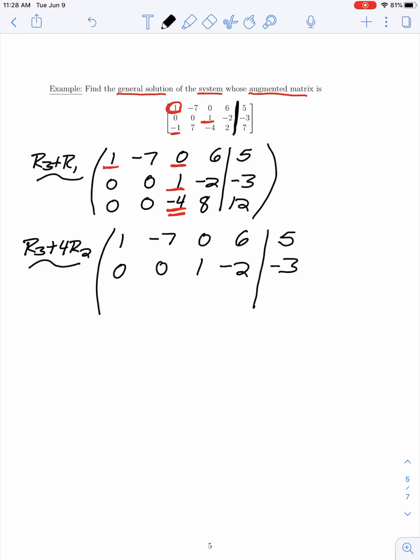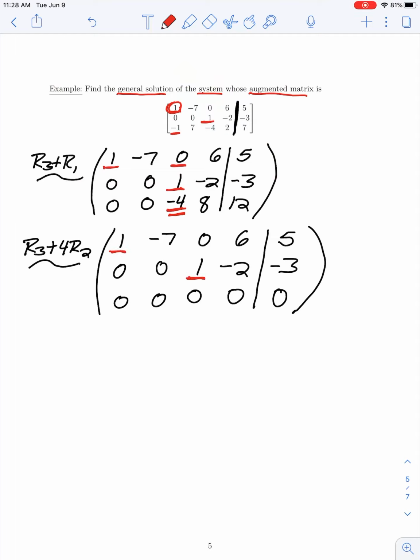And my third row becomes 0, 0. -4 plus 4 gives me 0. 8 minus 8 gives me 0. And then we have -12 plus 12 gives me 0. So here we have a row of all zeros in my final row. And let's see if this is now in reduced echelon form.